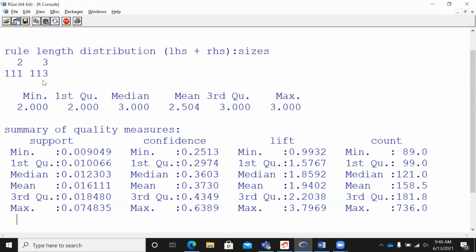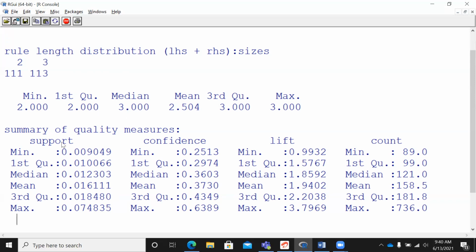Similarly, 113 rules correspond to 3 products being bought by the customer. If you look at the average basket size, it's around 2.5, right? The median basket size would be around 3. This is what I get to learn from this.